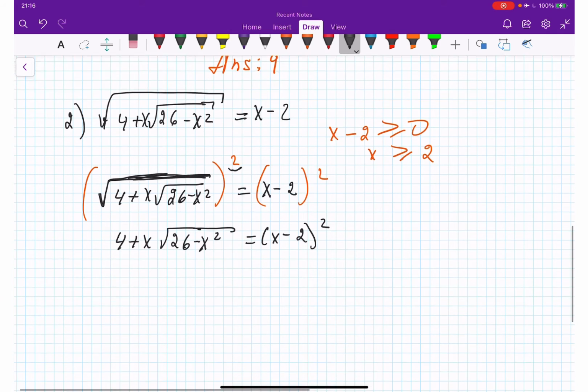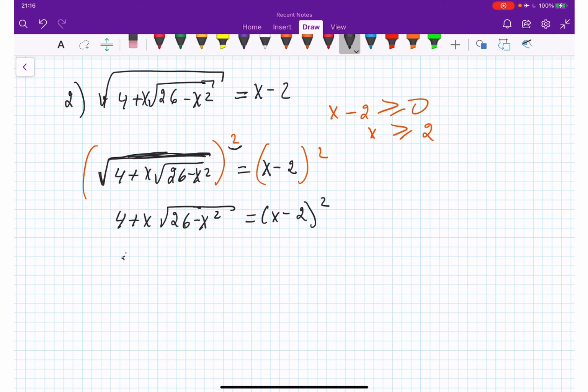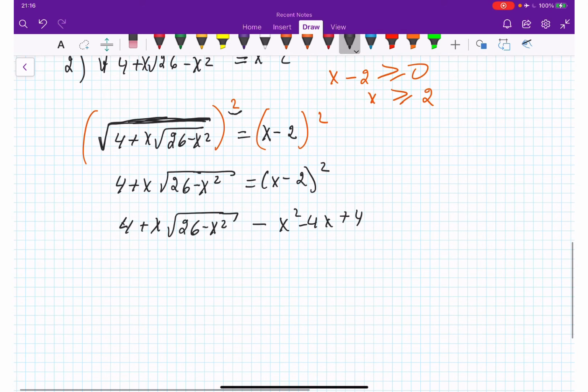So from here, we have 4 plus x square root 26 minus x squared, and x minus 2 squared is going to be x squared minus 4x plus 4. That's the formula for a perfect square, right? And from here we have x times square root of 26 minus x squared, moving 4 to the other side.